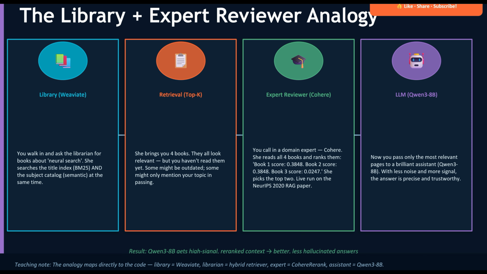But now you have 4 books and you are not sure which one is most useful. So you call in a domain expert. That's Cohere Reranking. She reads all 4 books, scores each one, and says book 1 is 99% relevant to your exact question, book 2 73%, book 3 41%. She hands you the best one.